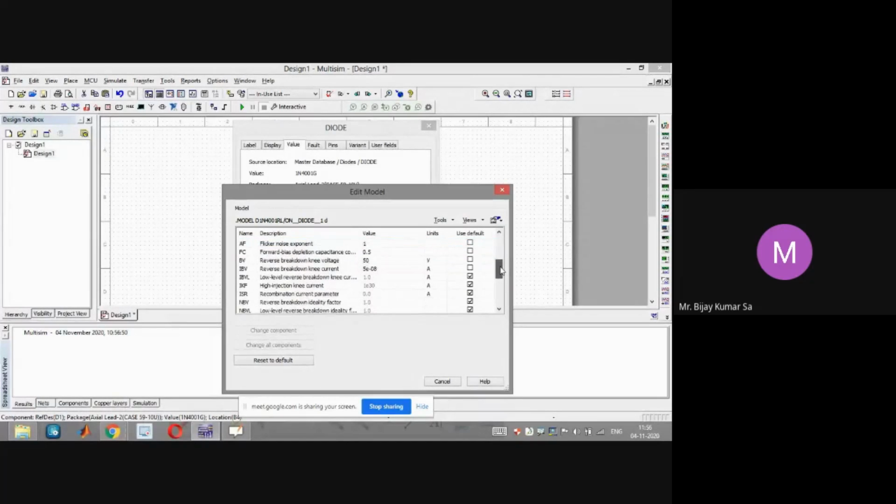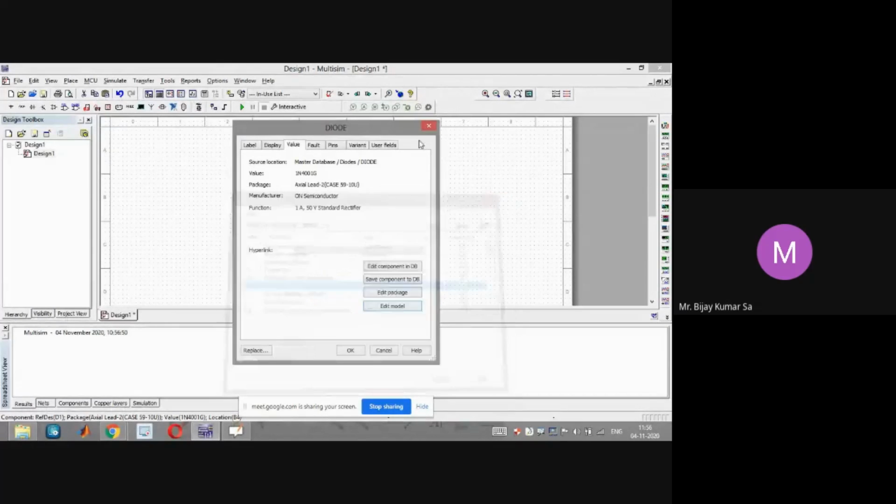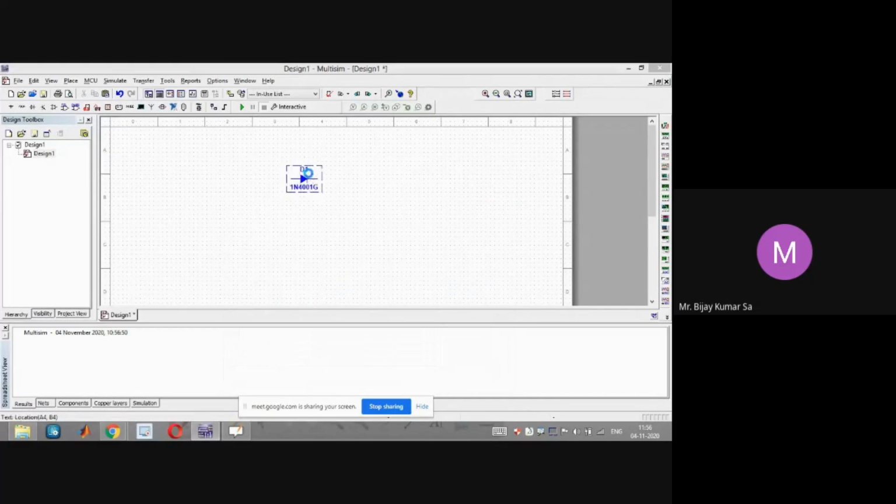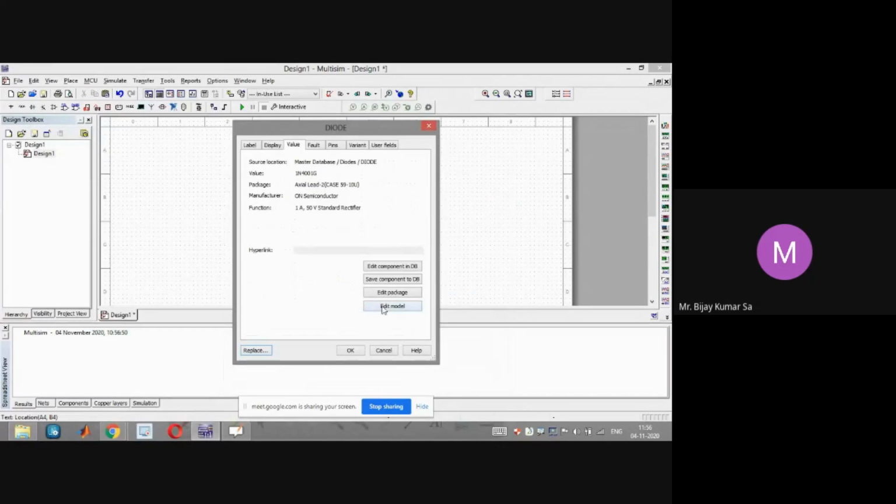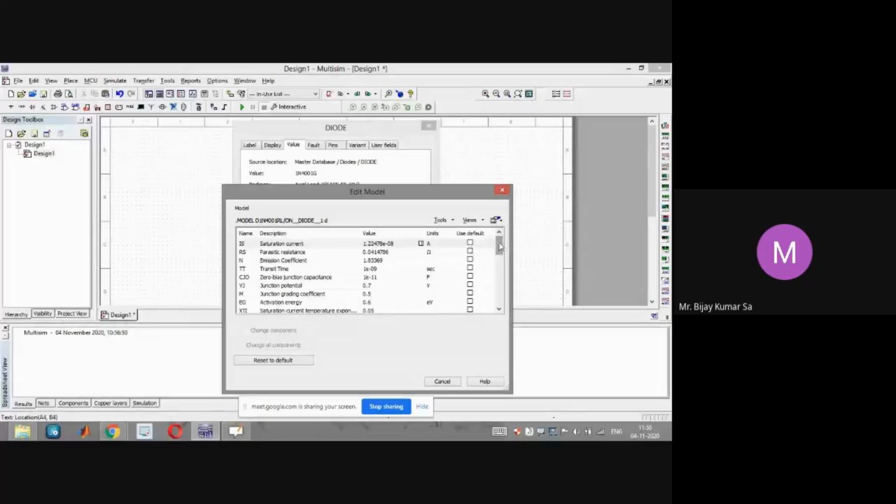So different parameters and their values for this particular diode are given in this table. Where did I get it? I just double clicked on the diode and went to edit model. The model of this diode, or the specs of this diode, is given in this table.